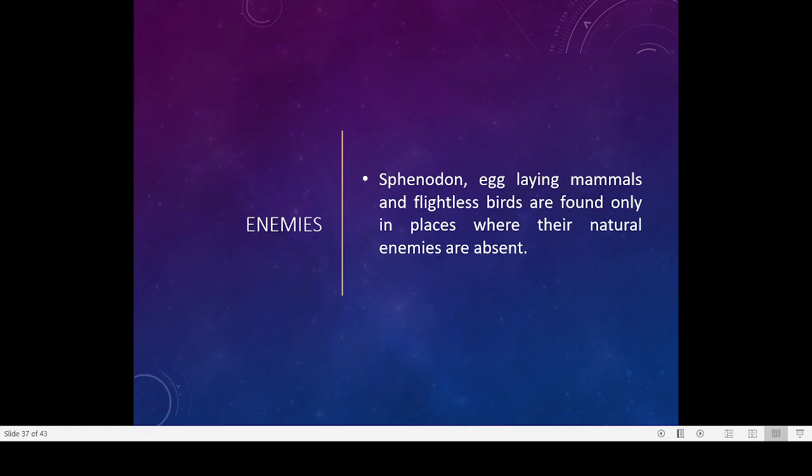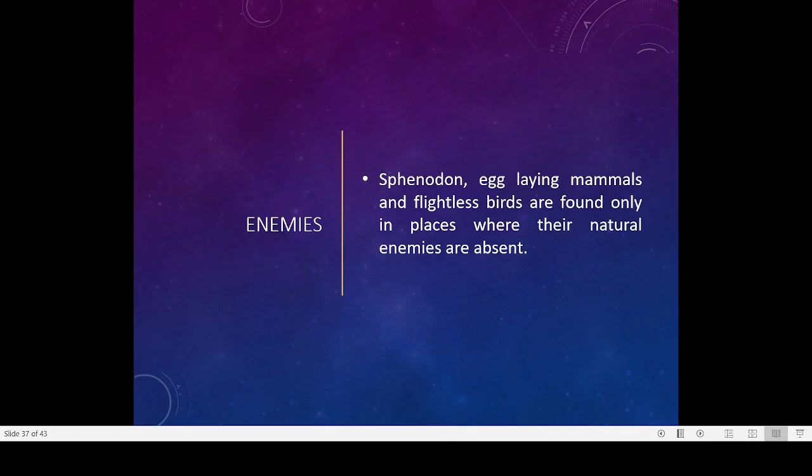So in the case of all these animals, what we are seeing is that they are right now present only in certain areas where enemies or predators of these animals are not present. That is why egg-laying mammals are present, like kiwis. And there are many other types of animals and birds also present in Australia.